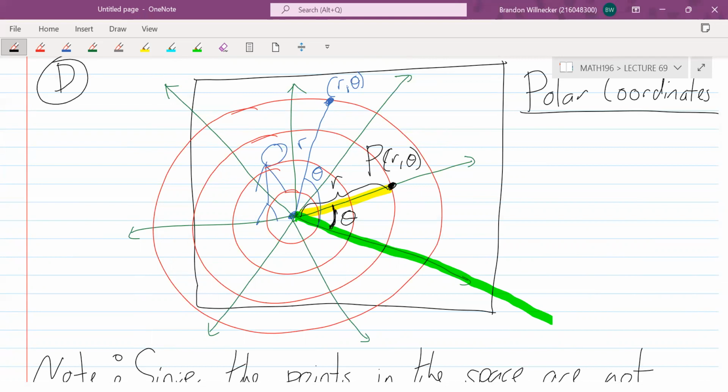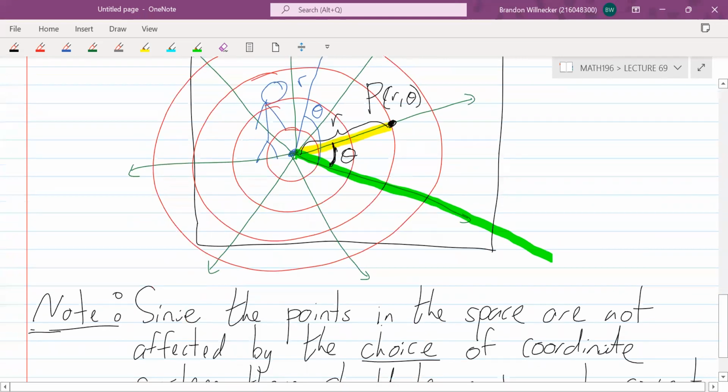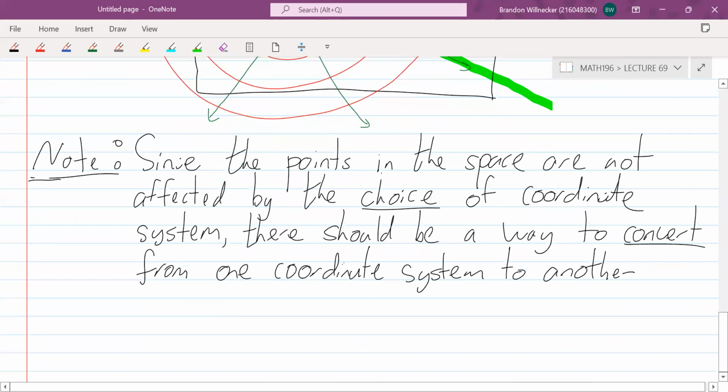But since it is the same point, there should be a way to get from one label to the other label. And we call that a coordinate transformation.